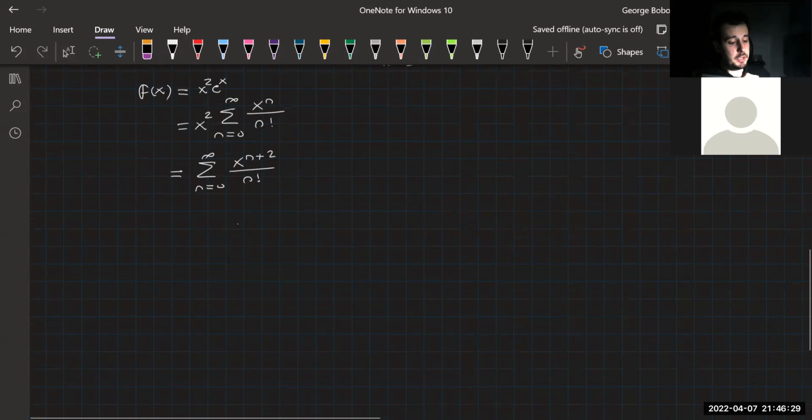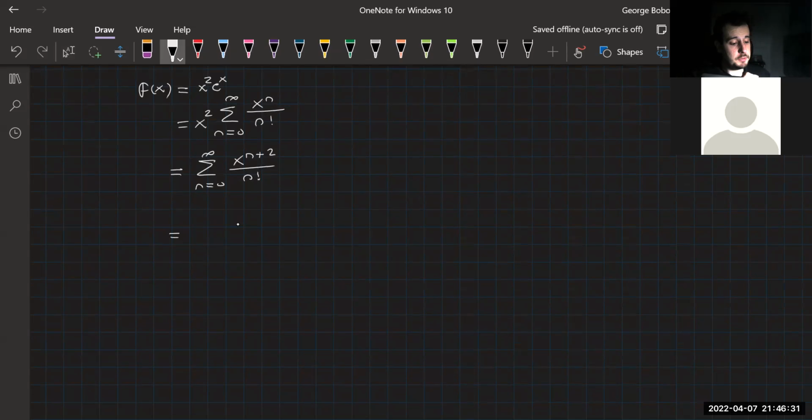Okay. And then you expand the first 3 terms. Well, actually 4, because we start at 0. If you want to get T3, you have to stop at n equals 3. So if n is equal to 0, we get x squared over 0 factorial.